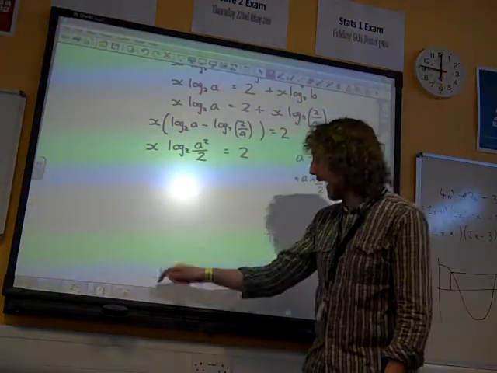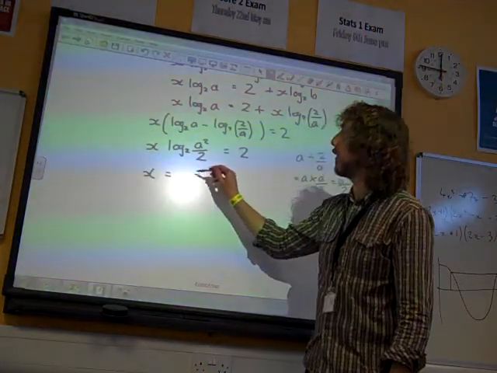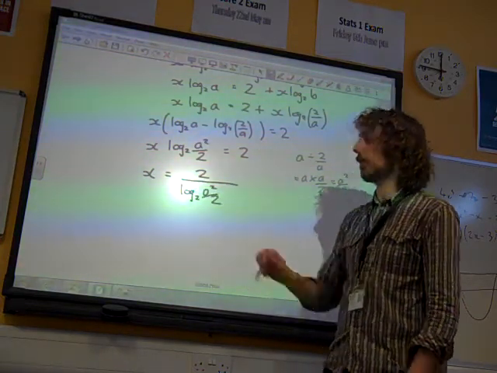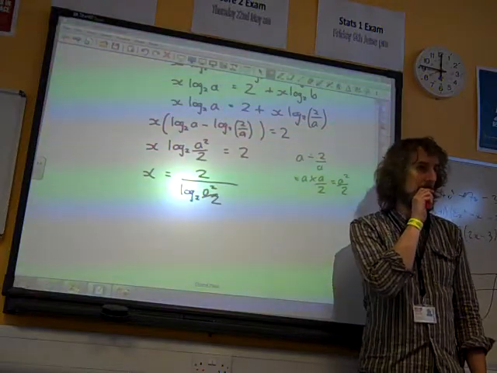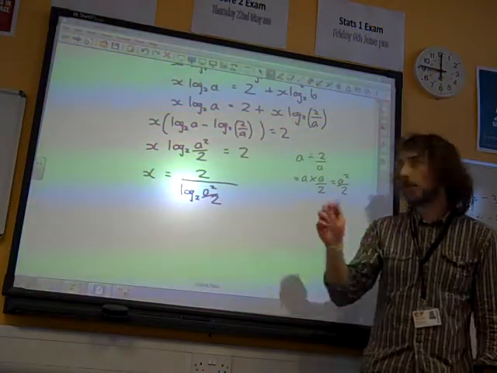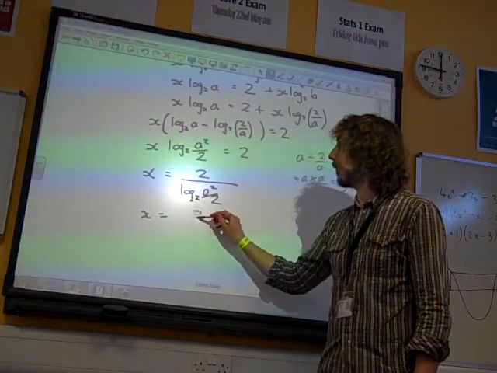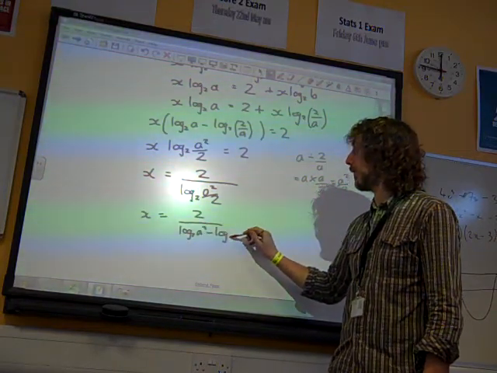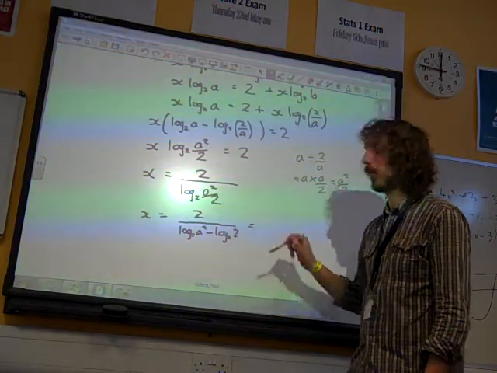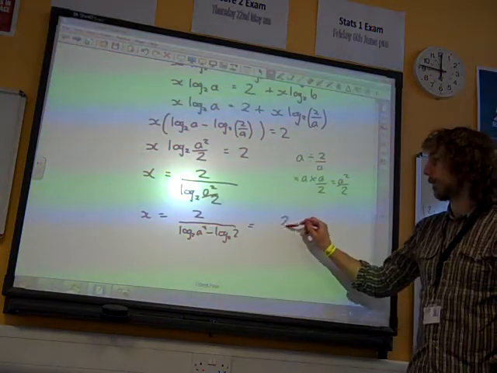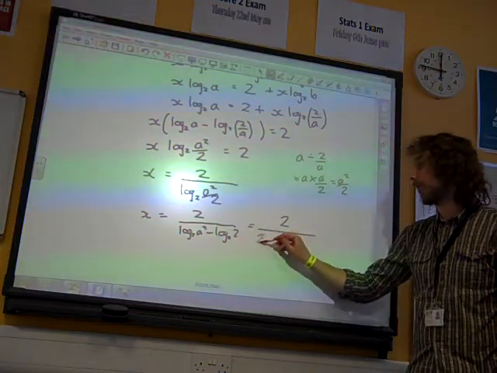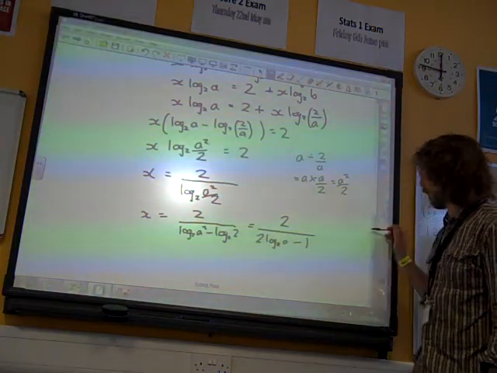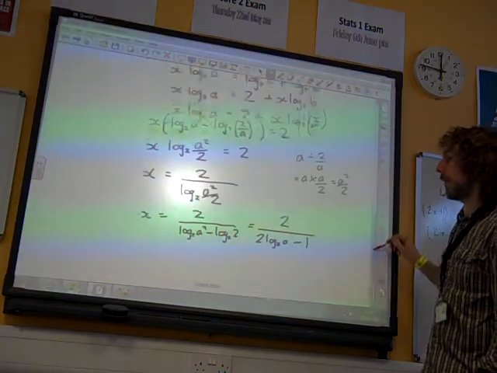So this is x equals 2 divided by log base 2 of a squared over 2. And we come to the very final step, which says x is 2 over log base 2 of a squared minus log base 2 of 2. Log base 2 of a squared is 2 log base 2 of a, and log base 2 of 2 is 1. And that's what we were heading for.